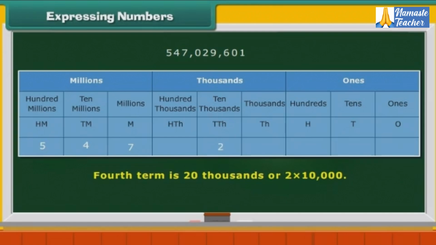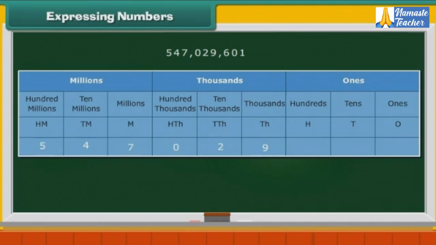Write 2 under TTH. As there is no 100,000 term, place 0 under HTH. Fifth term is 9,000 or 9 multiplied by 1,000. Write 9 under TH. Proceeding in the same way, write 6 under H, 0 under T and 1 under O.